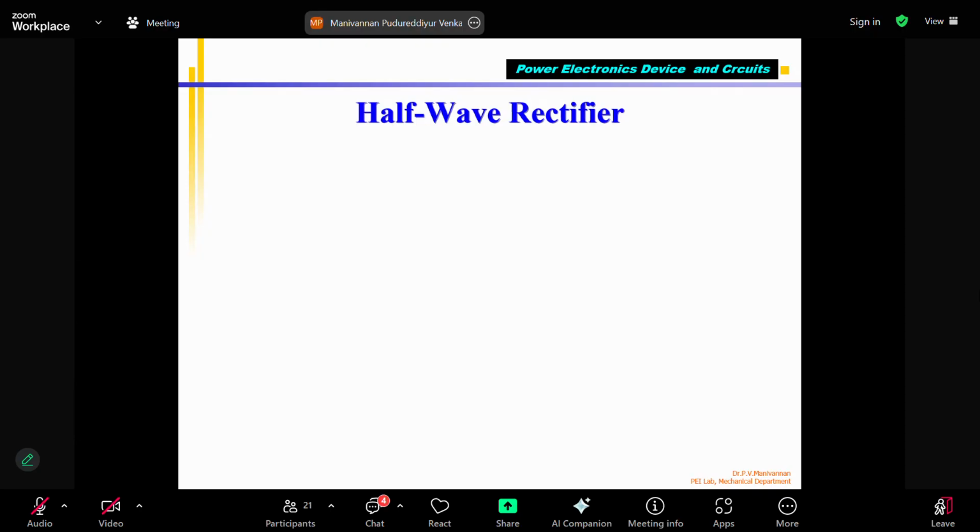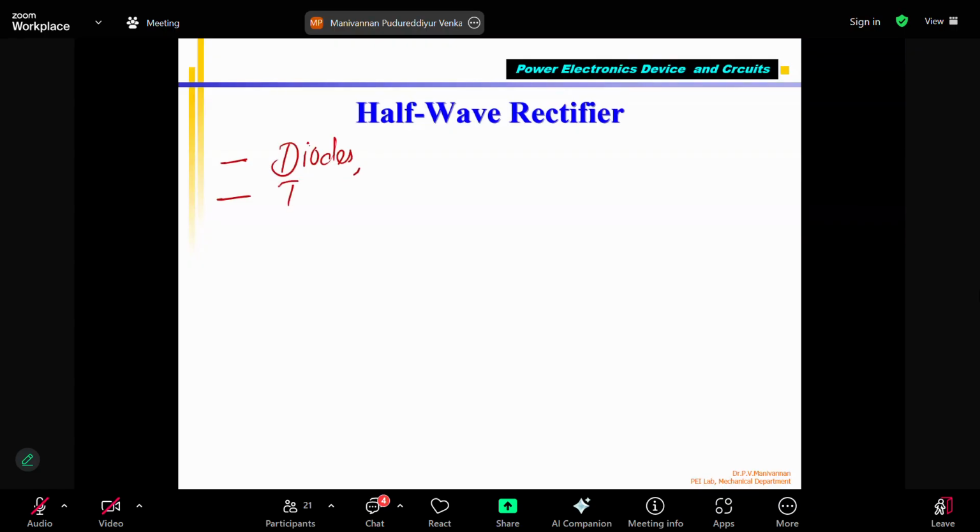Basically, as I told you, when we talk about semiconductor devices, there are many basic electronic components called active components, apart from resistor, capacitor, and inductor, which are called passive components. Active components, I already told you, include diodes.